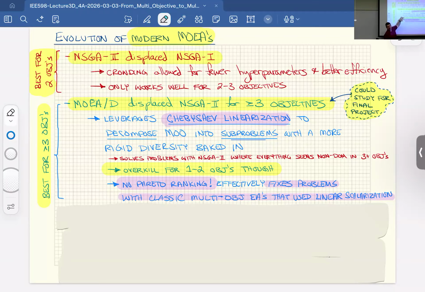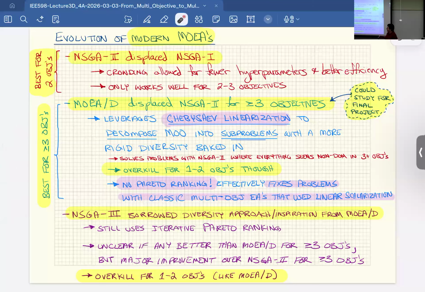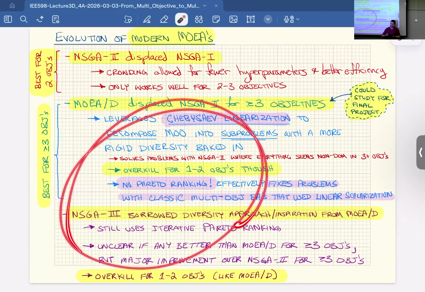And so it sort of displaced NSGA2 for higher numbers of objectives. Now, the NSGA folks fought back. They brought out NSGA3. It has a diversity approach that looks like it was inspired by MOEAD. It performs a lot better than NSGA2 at 3 objectives and higher, but it arguably doesn't perform much better than MOEAD. And both of these are too complex for 2 objectives.